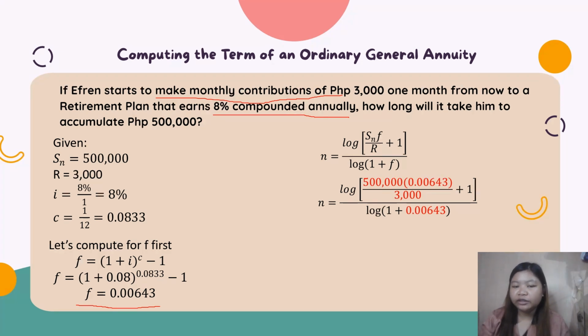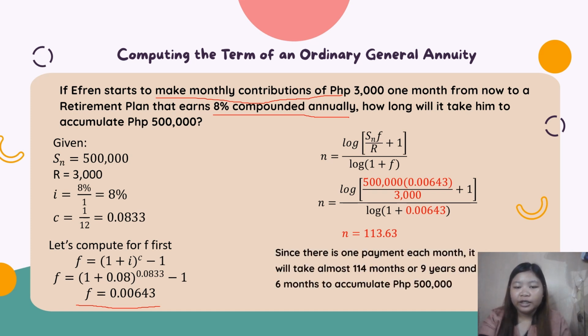Then simplify it and use your scientific calculator to solve this one. So we have now n is equal to 113.63, or 114 months. Since there is one payment each month, it will take almost 114 months, or 9 years and 6 months, to accumulate 500,000 pesos.